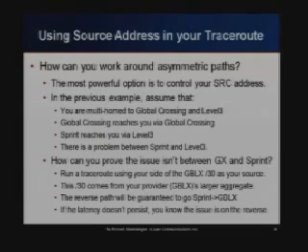Definitely. There are tools being developed where you can get the return path, and that's actually a great thing, so I'll definitely be attending that. But assuming that you're stuck with ordinary traceroute and you're trying to figure out if it is an asymmetric problem or not, the most powerful tool you have at your disposal is setting your source address. So, for example, say you're a network that's multihomed to Global Crossing and Level 3.